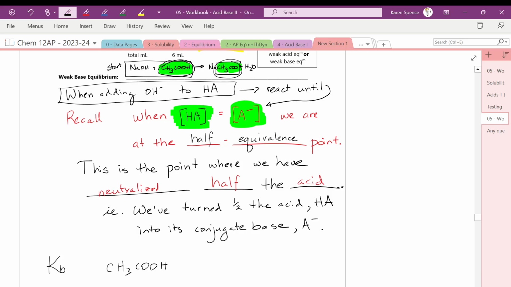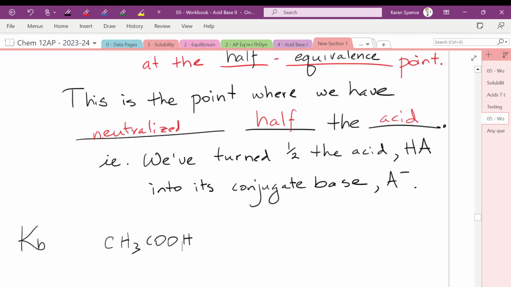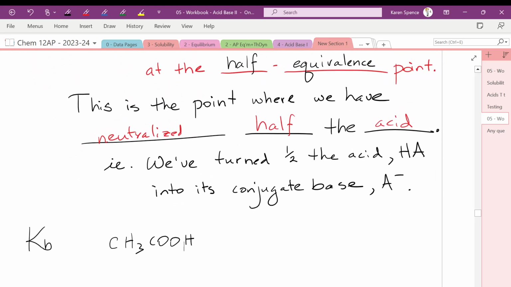That's an acid. Who do I put for my reactant when I'm doing a KB? If I'm doing a KB, my reactant must be a base.